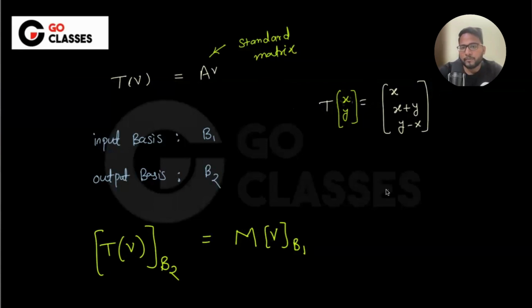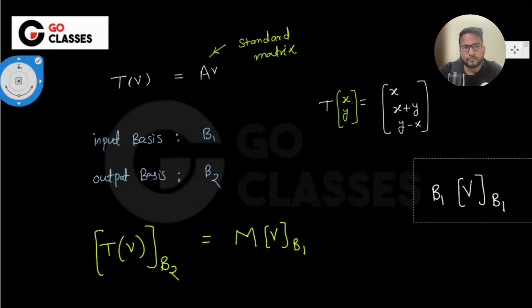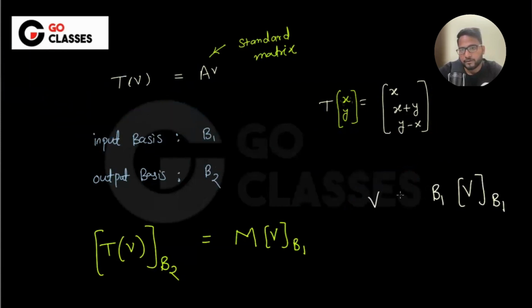Do you remember the relationship that V with respect to B1, multiplied by B1, should be equal to V with respect to the standard basis, right? So this should be equal to V. Do you remember this? Similarly, you can say maybe any other vector.